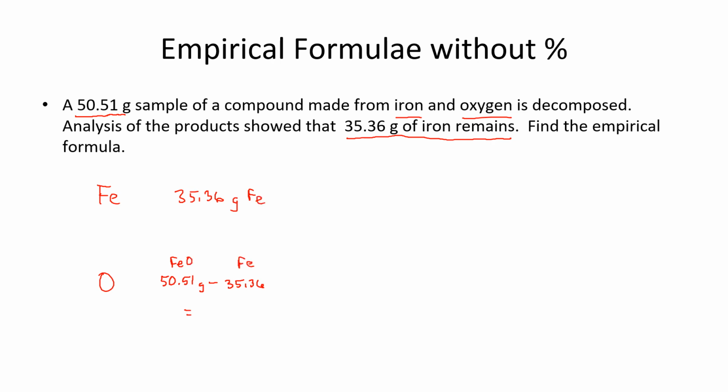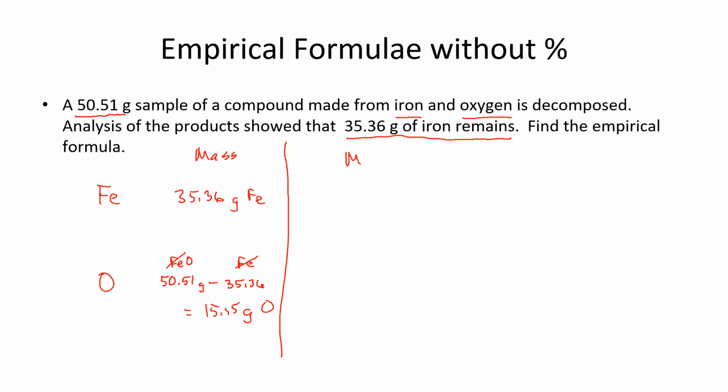And so what you're going to be left with will be just the oxygen. So 50.51 minus 35.36 equals 15.15 grams of oxygen. Awesome. Okay, so that's the mass component.